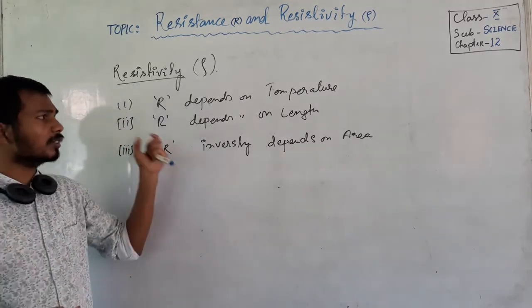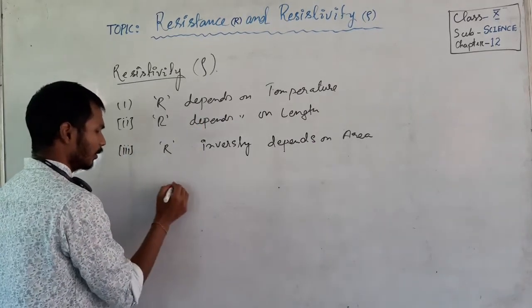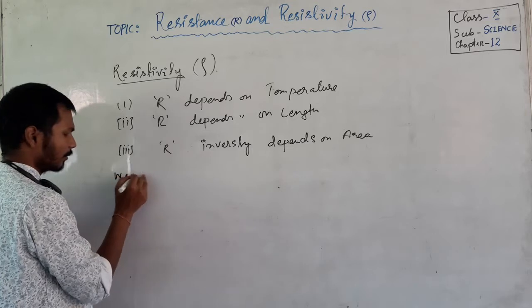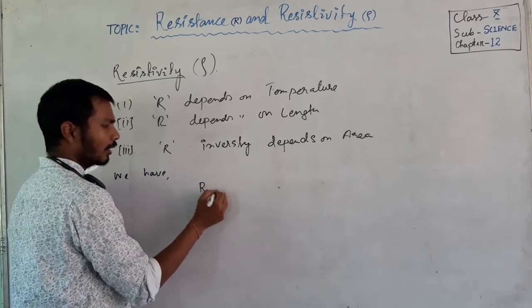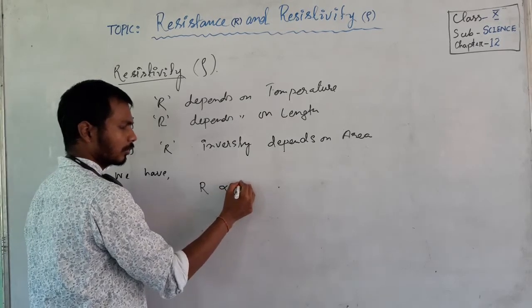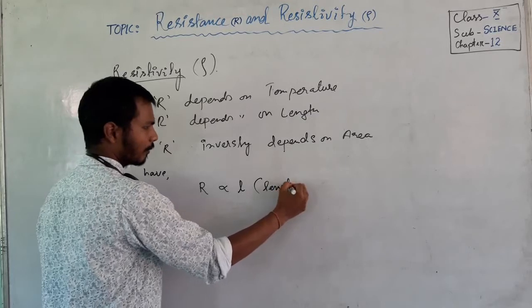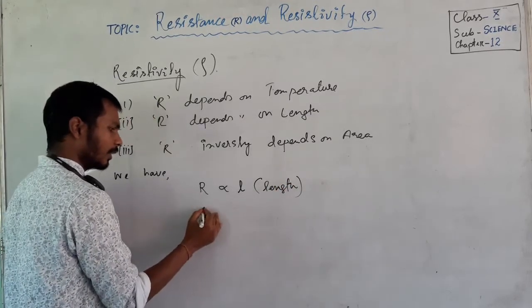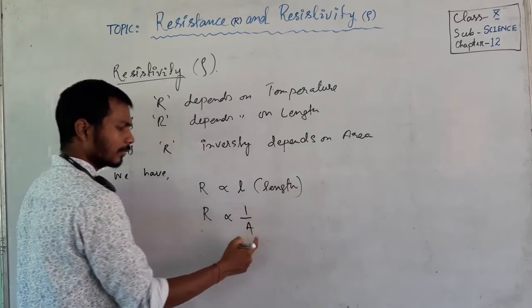Now combining these two factors, we have R is directly proportional to length. This is length. Again we can write R is inversely proportional to area.